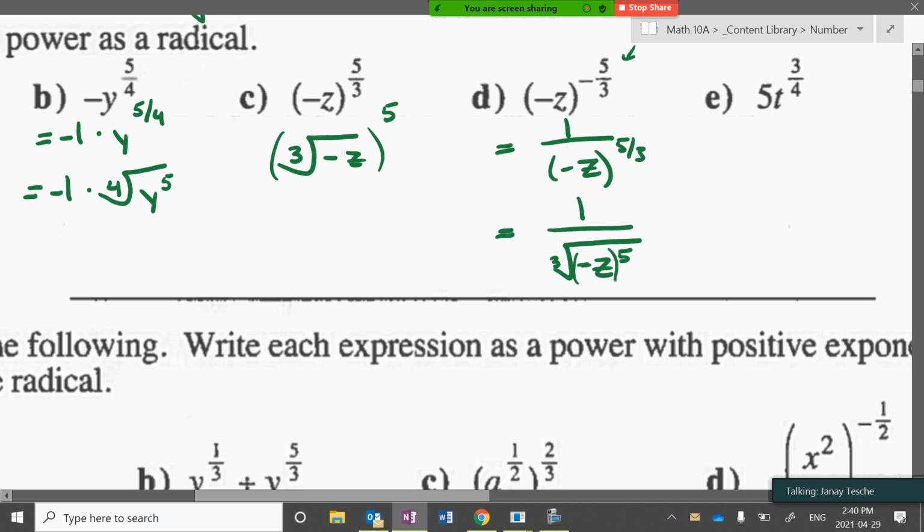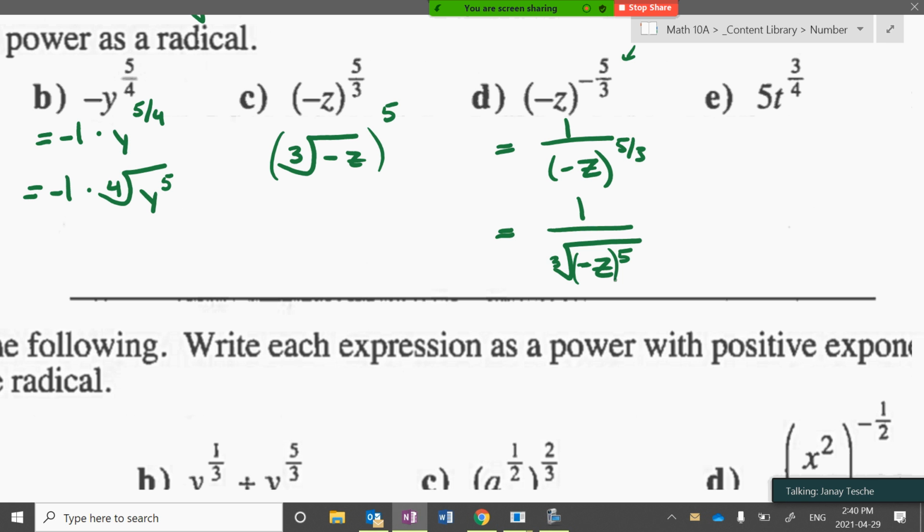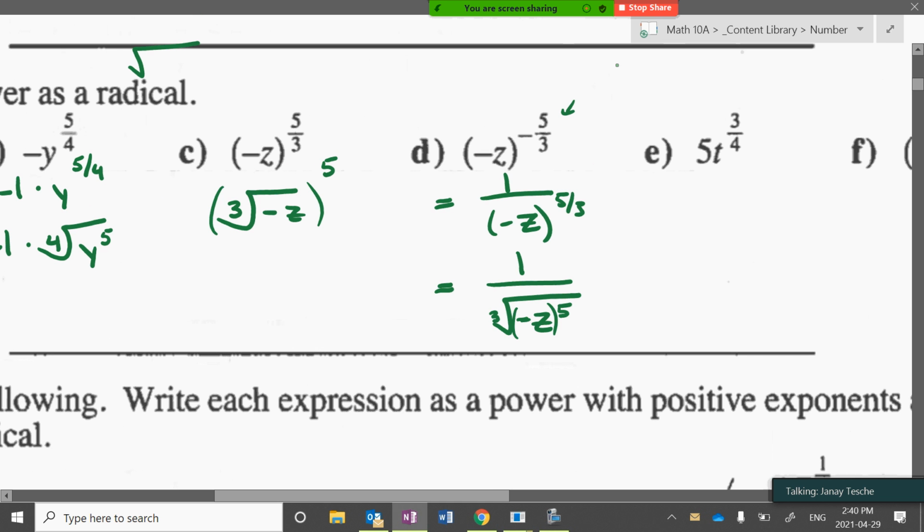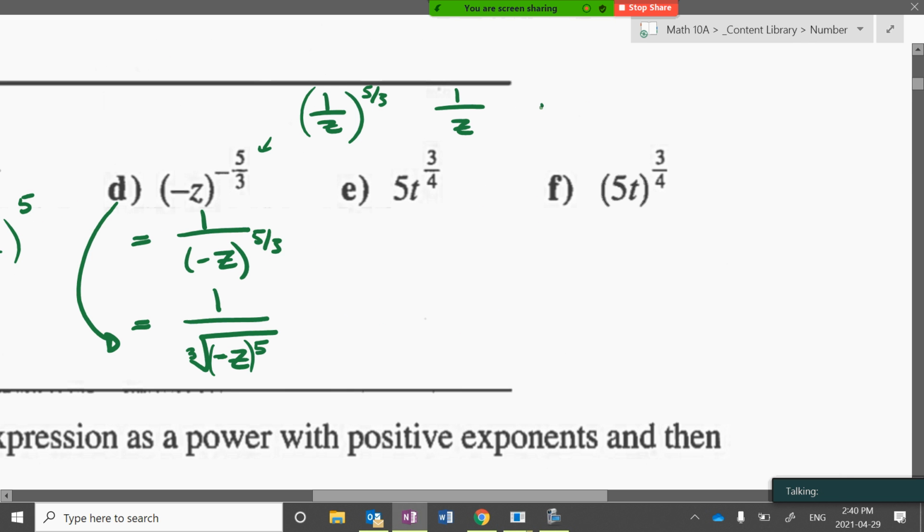Why wouldn't you put 1/z as one unit, and then all of that to the 5/3, but then put it in radical form, as a fraction? Like, put the radical, but then inside, just have the 1/z. Oh, like this? Yeah.